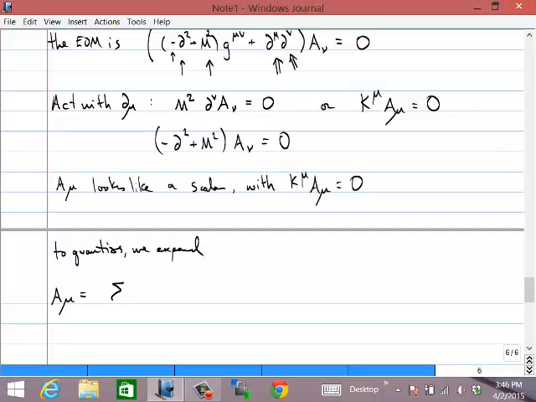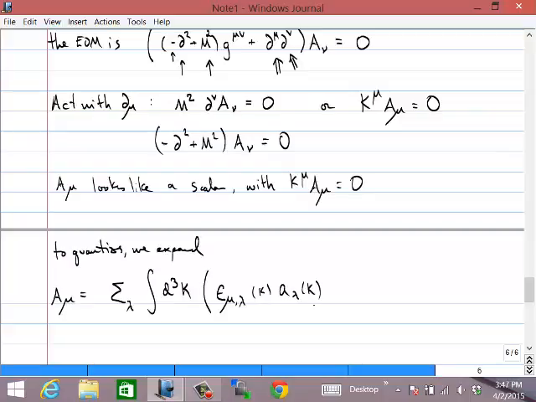you now need to sum over 3 polarizations, which I guess, should I label them? What will I label them by? I guess I'll label them by lambda. That's what I have in my notes. So you have an integral d3k, and then you'll have 3 polarization vectors. So let's call it epsilon mu lambda of k, a lambda of k.